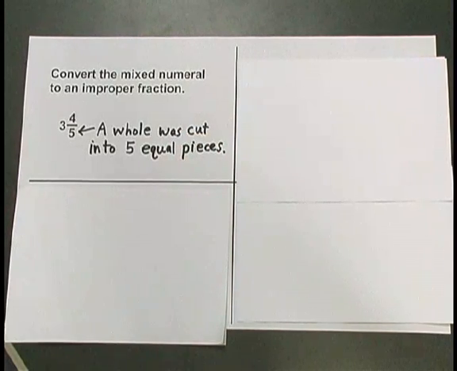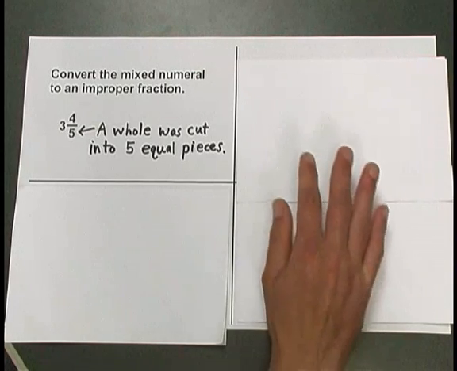Because the fraction came from a whole that was cut into 5 equal pieces, we're going to cut all the wholes in this problem into 5 equal pieces. Now let's go ahead and make this conversion to improper fraction 3 different ways.